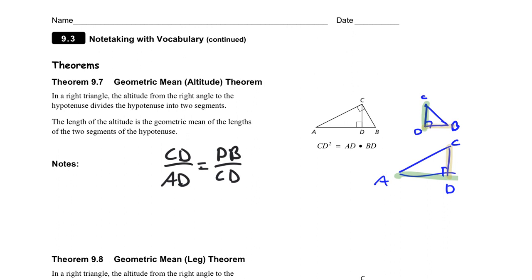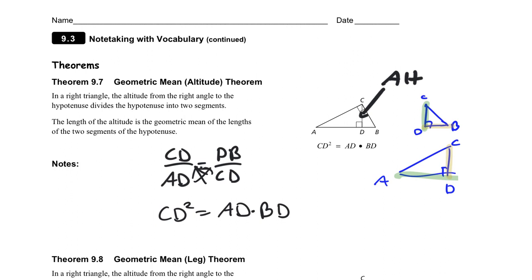Now, if I wanted to then apply my geometric mean, if I cross multiply here, I'm going to get CD squared equals AD times BD. Now, they both have that CD in common. Just so happens that CD is your altitude.